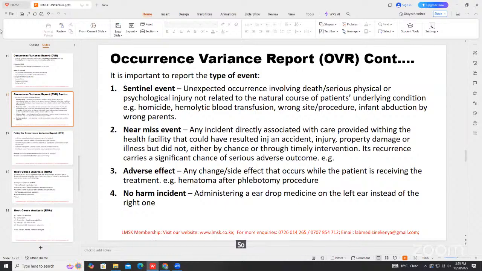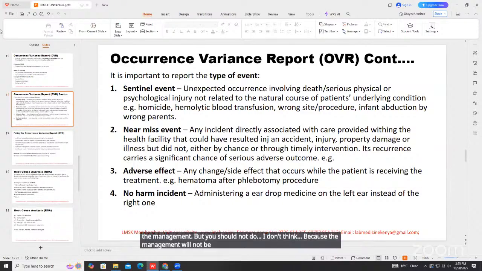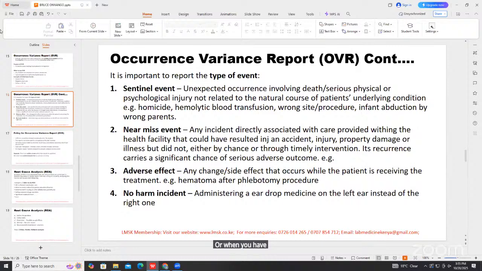So if they are stubborn on areas that are patient-centered, you can advise the management, but you should not do a wrong thing, because the management will not be there to protect you when you get into the wrong hands of the law, or when you harm patients, or when you don't provide quality services to your clients.